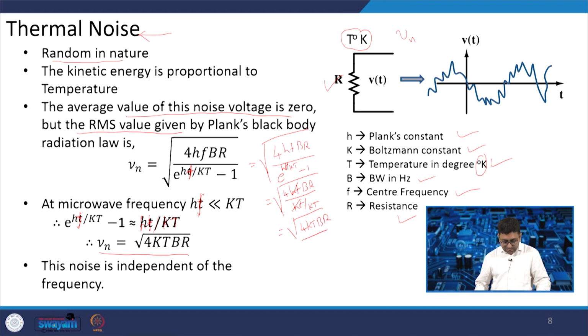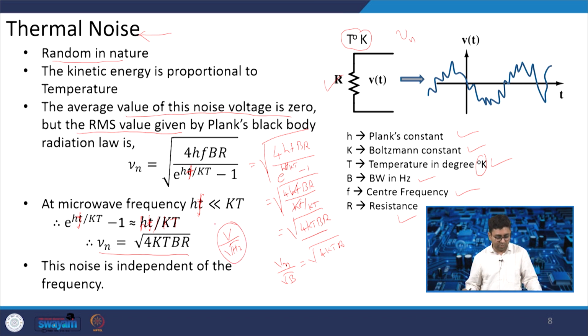Now, the unit of this is volt per square root hertz. If I take the bandwidth to the other side, Vn divided by square root of B is equal to the square root of 4kTR. So the unit of this noise voltage is also volt per square root hertz.